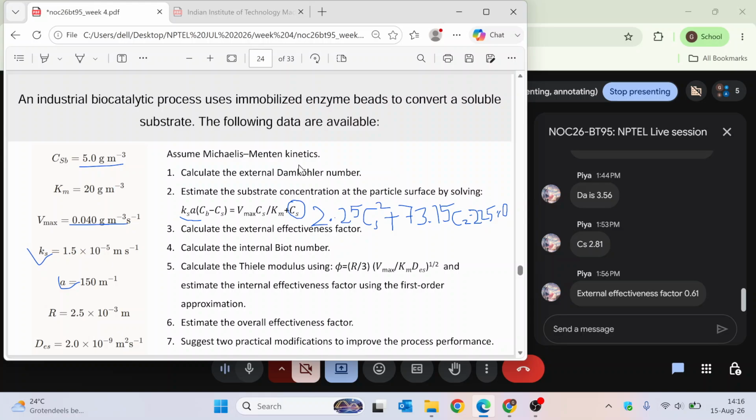And the last two questions are about overall effectiveness factor and suggesting practical modifications to improve the process performance.